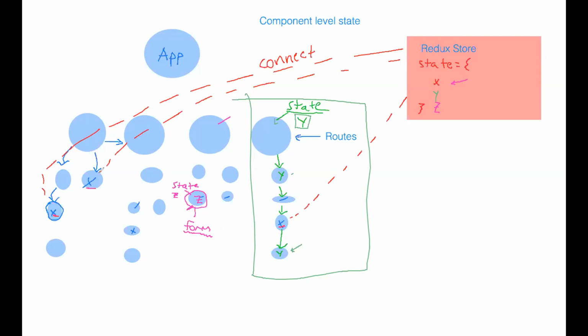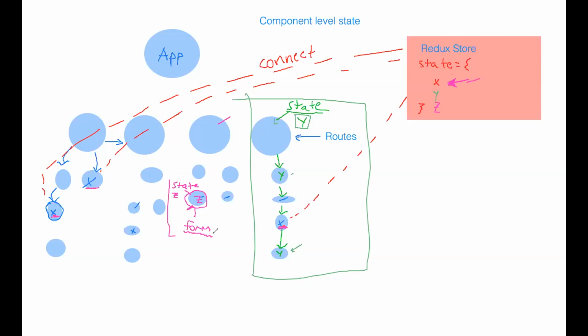And what's cool about that is every single component that now renders state X, whenever we change state X inside Redux, those components will re-render and will stay up to date with our state up here.